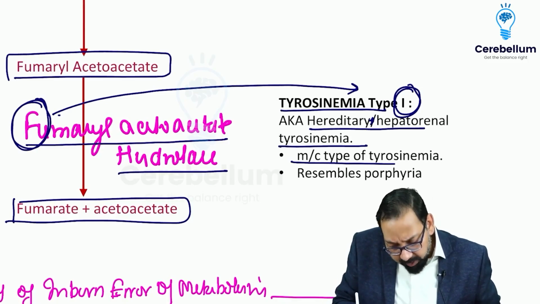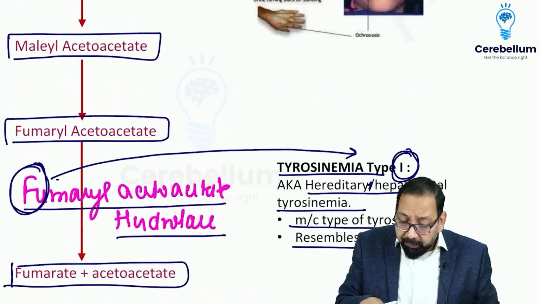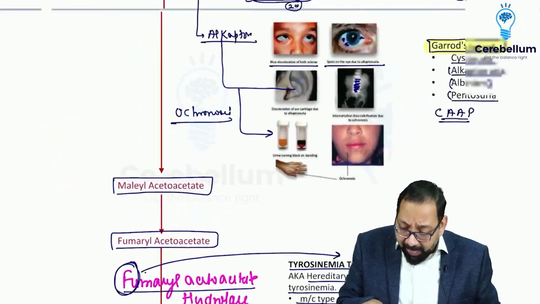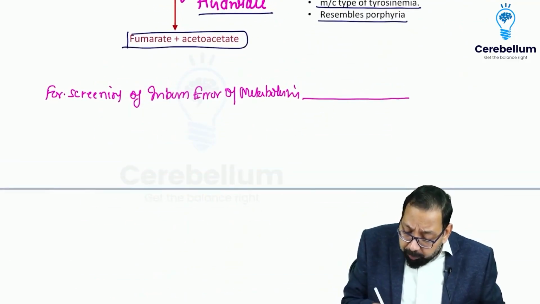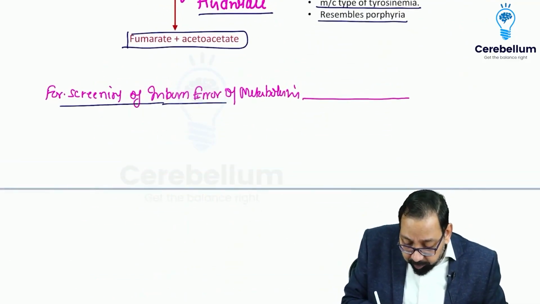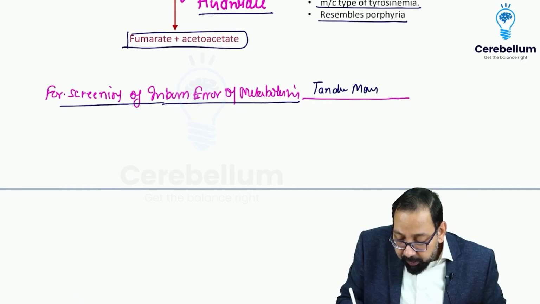This is the most common type of tyrosinemia and resembles porphyria. So these are different types of tyrosinemia and alkaptonuria. Now, for screening of inborn errors of metabolism, we do tandem mass spectrometry.